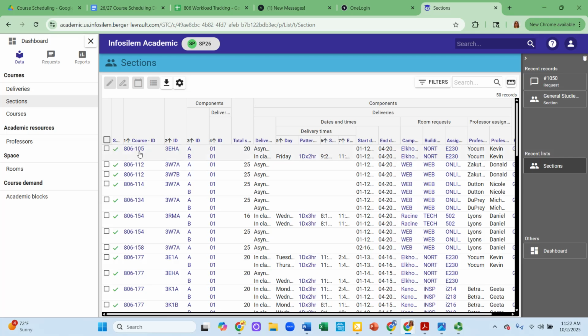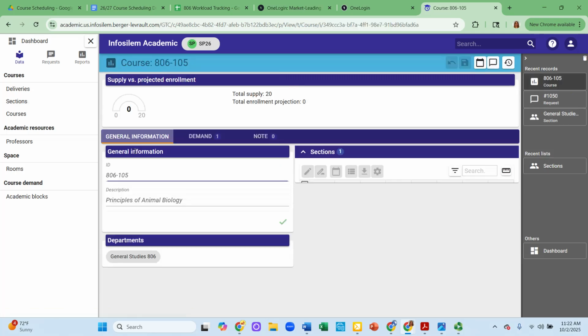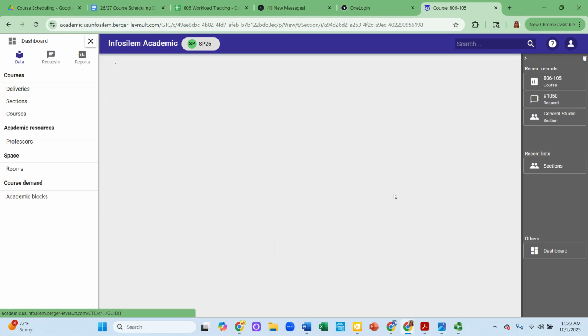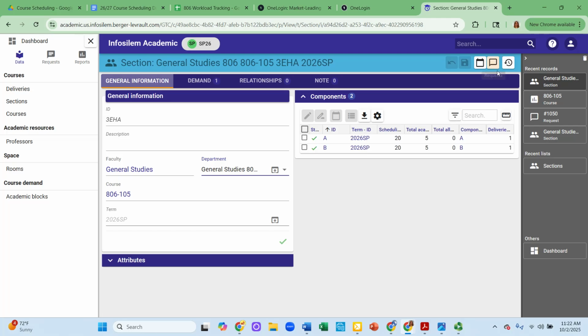If I want to make a change to a section, clicking on that section takes me to a window where I can put in requests based on that section. So that's just under sections, and then I can find this little window here and make requests. Now, since this is spring 2026, I don't have access to actually edit the schedule, just make recommendations of changes after the scheduling period has closed.